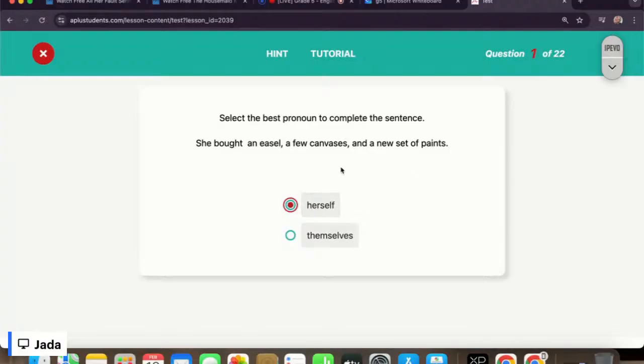Okay, so we have herself. Then, after 3 hours, the program turned dash off for the night, myself or itself.